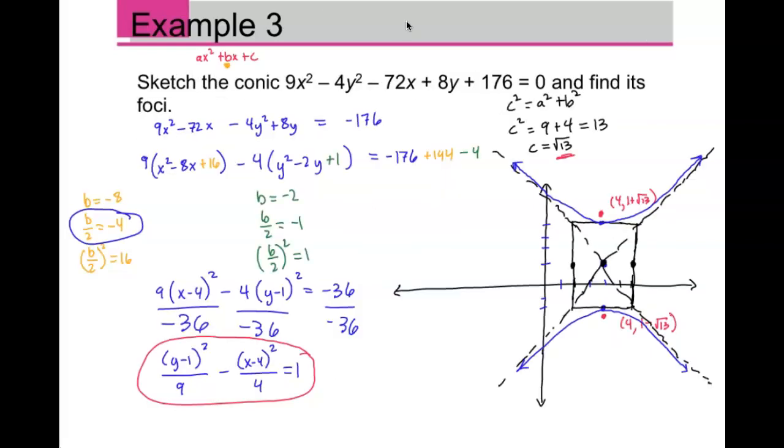One thing I do want to do, I know it doesn't say this, but I just want to show you, you could still find the equations of the asymptotes, but now the asymptotes don't just go through the origin, so they are going to have a y-intercept. So I want to talk about how you would figure that out. You guys are good at algebra.